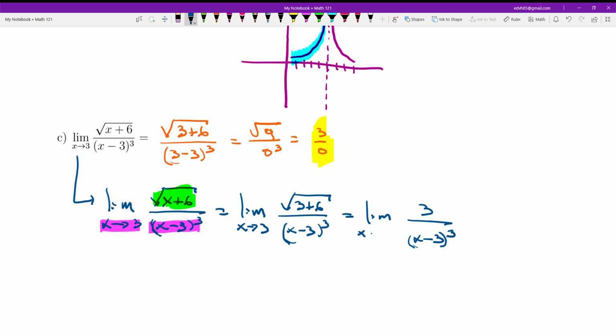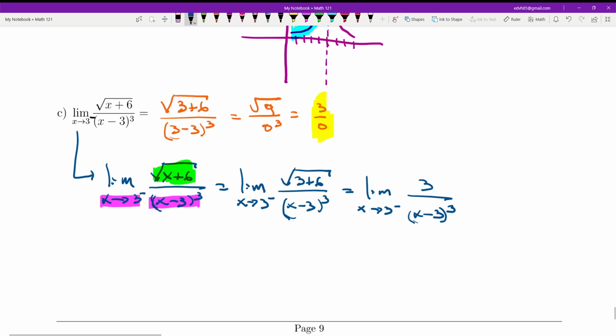By the way, for this one there's also a little typo on my PDF file. That should be 3 from the left.